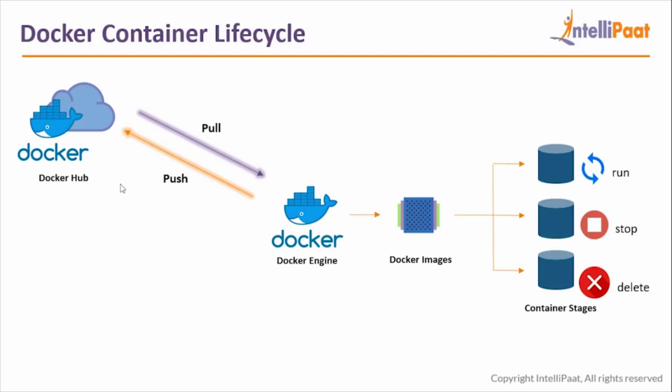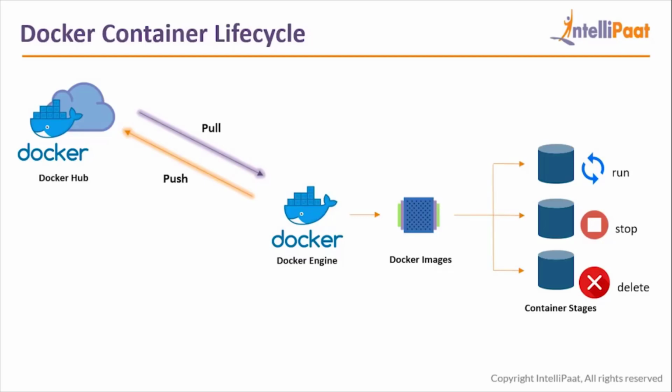So the first thing that you do is pull an image from Docker Hub onto your system, which is where the Docker engine is installed. What you download from Docker Hub is an image of a container. You get the image, and the next step is you run that image, and the moment you run an image, it becomes a container.